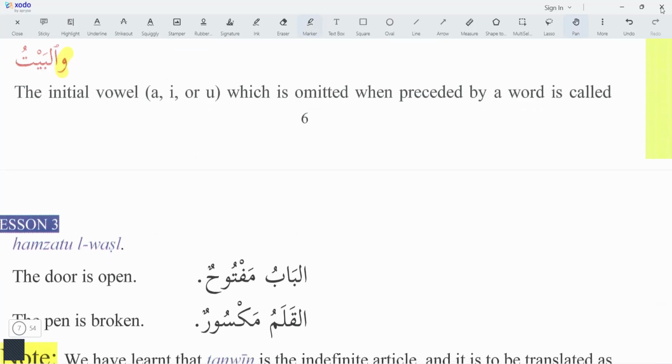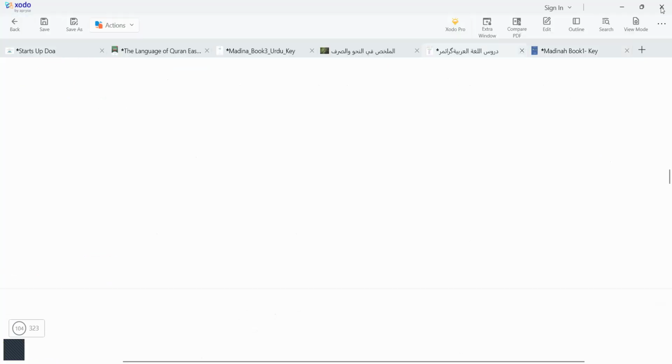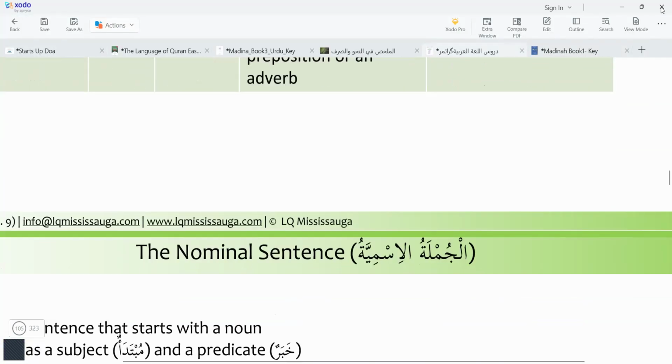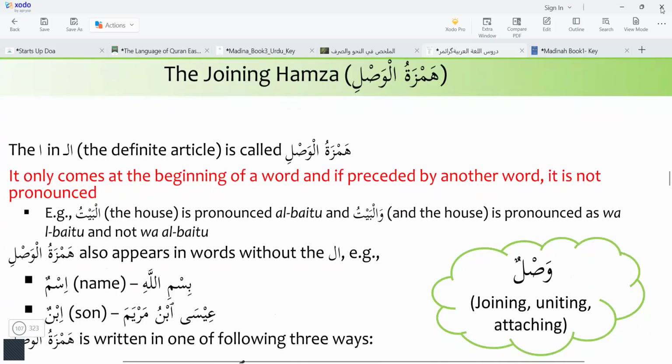When preceded by a letter, hamzatul wasl, this hamza we will not read. Here it will be more easy to understand.